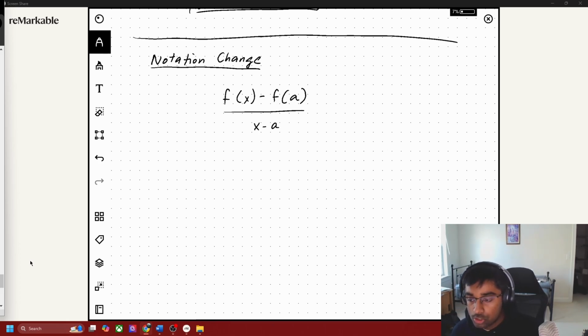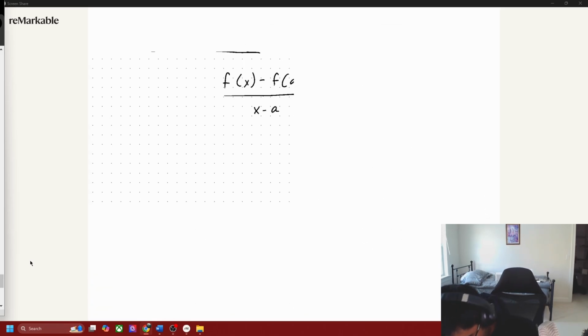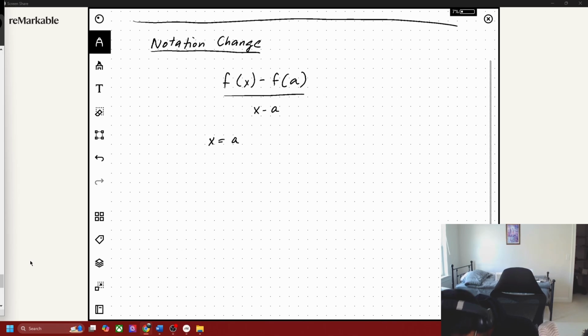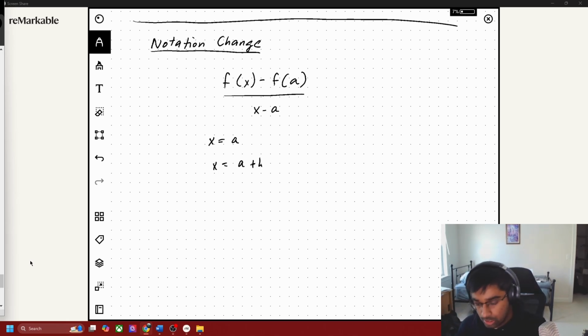If we want a distance of h, for example, then instead of x equals a, we're now doing x equals a plus h, and h is like a small increment basically.